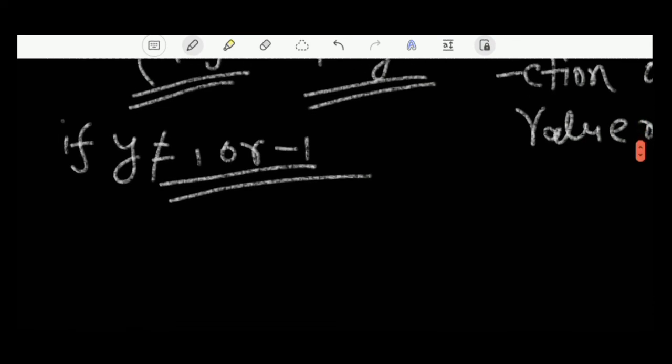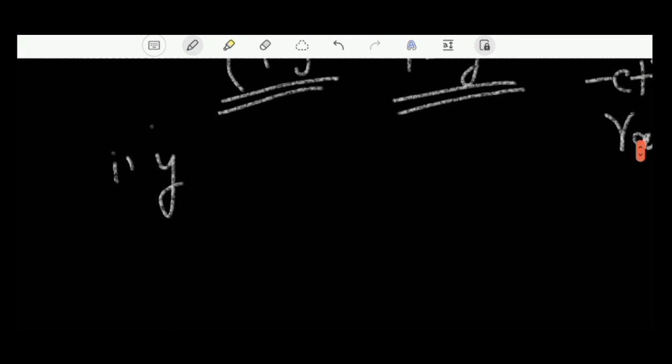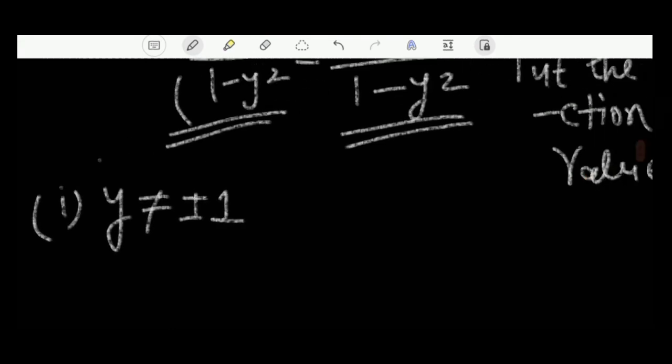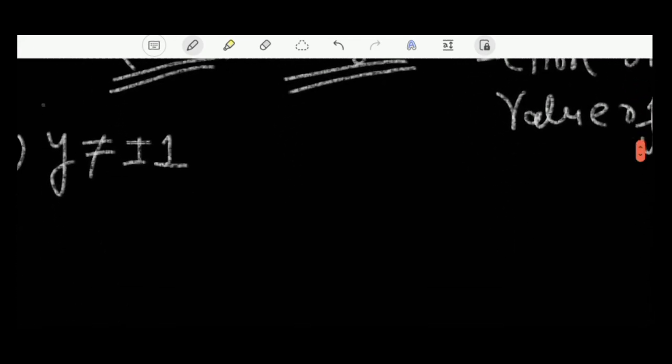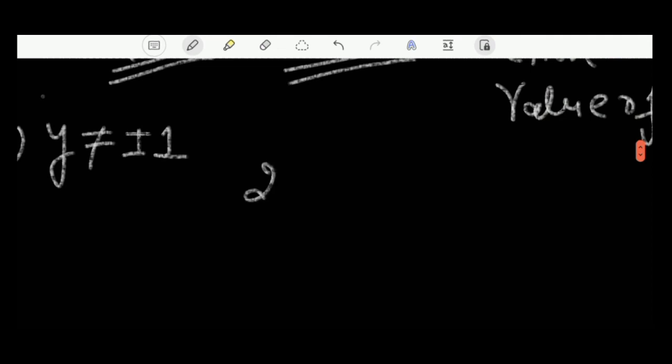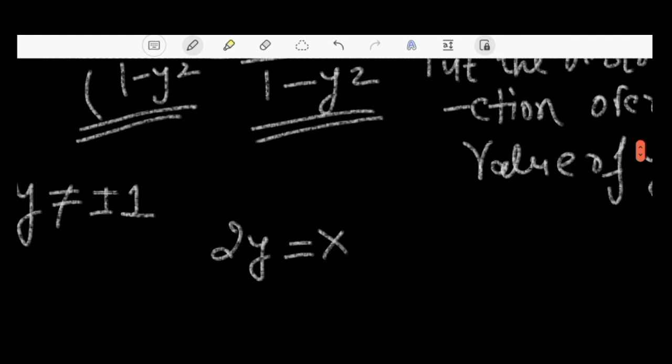So the first condition that we get is y cannot be equal to plus or minus 1. And now after putting this condition, you can simply cancel out and get 2y is equal to x plus z.